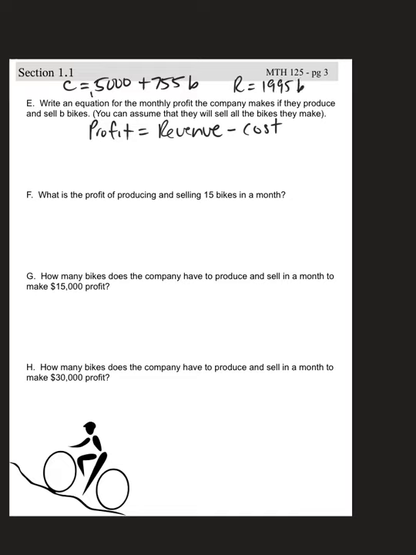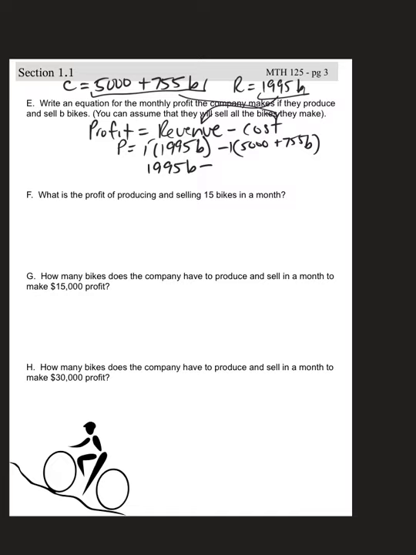So I need to take these expressions and substitute them in for their variables when we're looking for the profit. So for the revenue, we have 1995B, and for the cost, we have 5,000 plus 755B. We're going to be able to simplify this formula after dealing with the parentheses. If I distribute the positive 1 in front of the first set of parentheses, and I distribute negative 1 with the second set of parentheses, notice I distributed that to both of these.